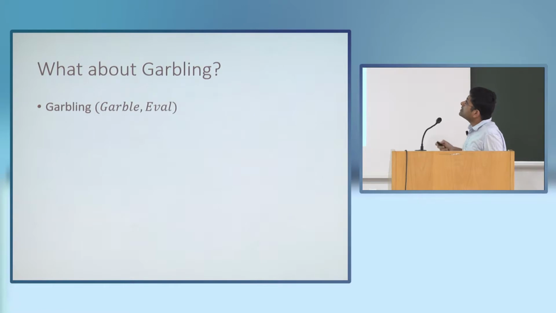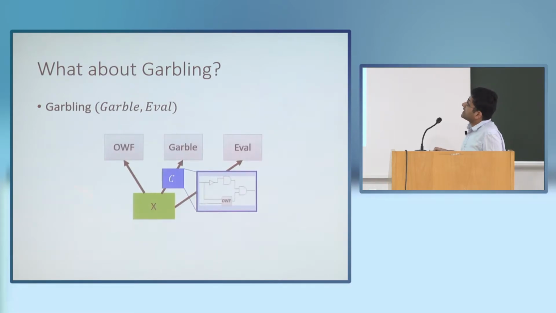Okay? So what about garbling? Garbling is another powerful non-black box technique. And there, which we're going to model, and as Mohammed described yesterday, is one-way function gates, garble gates, and eval gates. He also talked about a reveal oracle, which I'm going to ignore for this, just describing these open problems that come in the context of proving things.